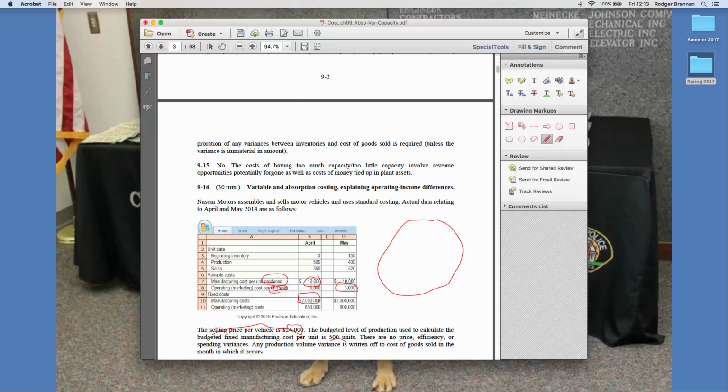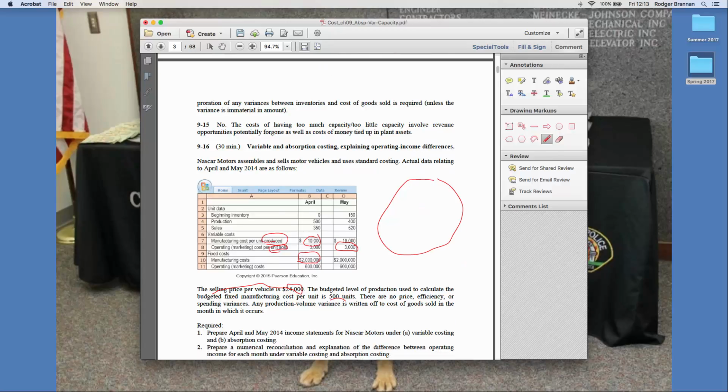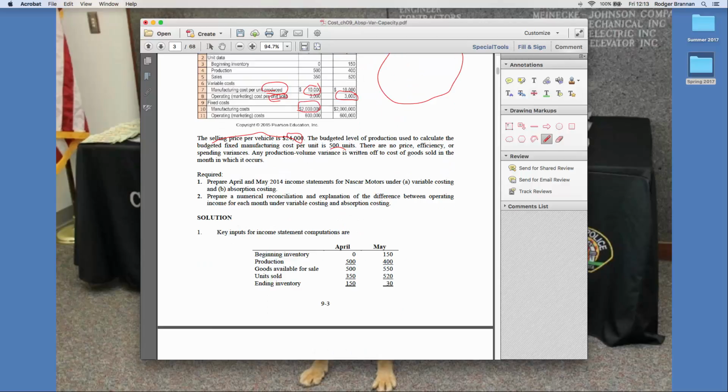So I'm going to use two different activities when I create my variable cost statement. My total cost per car under absorption would be $14,000. Under variable costing, it would be 10. So we'll take a look at the creation of these income statements.